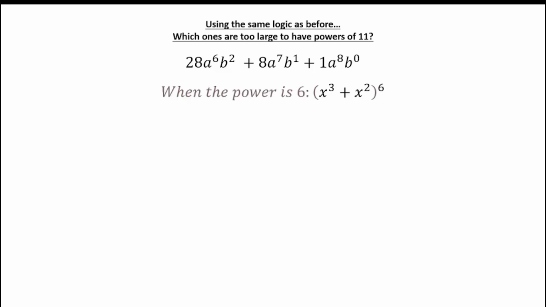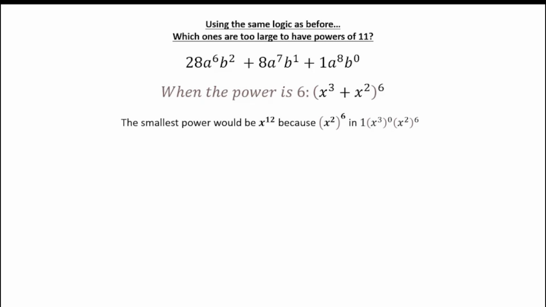So using the same logic as before, comparing the indices, which ones are too large to have powers of 11? It's these ones, right? When we have a to the 6, a to the 7 and a to the 8. So when the power is 6, (x cubed plus x squared) to the power of 6 would always have the smallest power being x to the 12, because x squared to the power of 6 will be x to the 12.